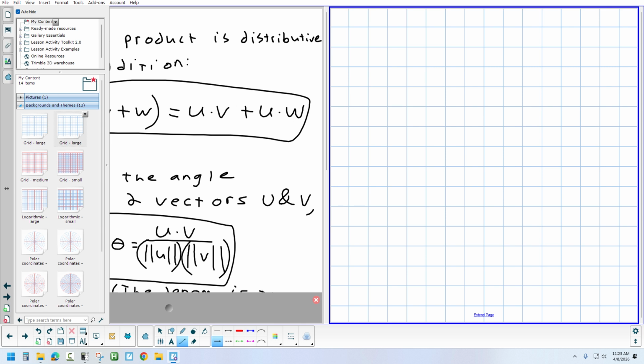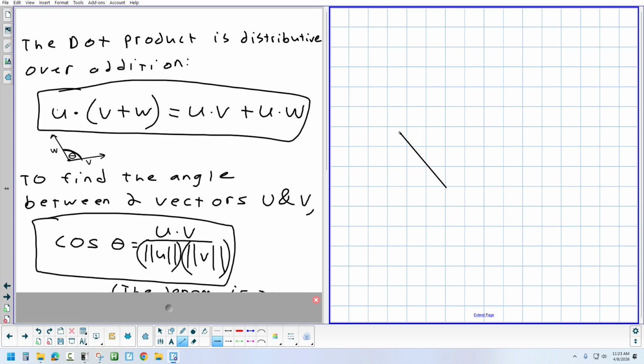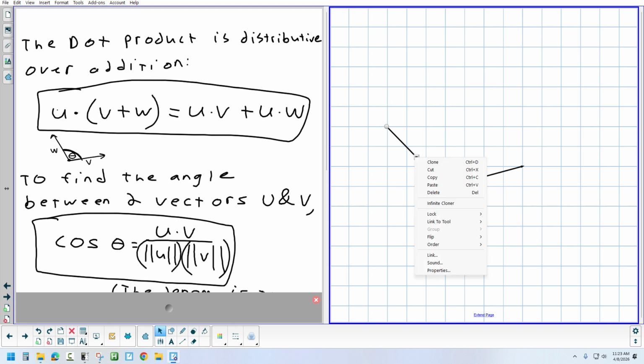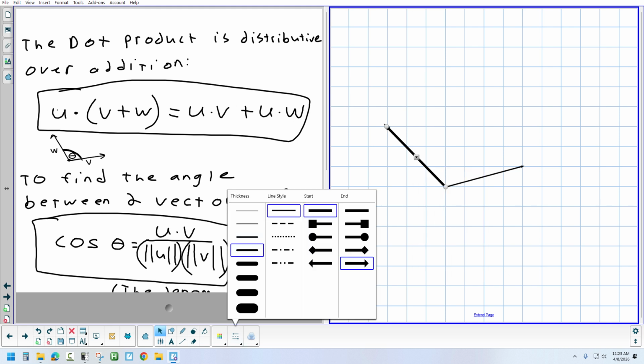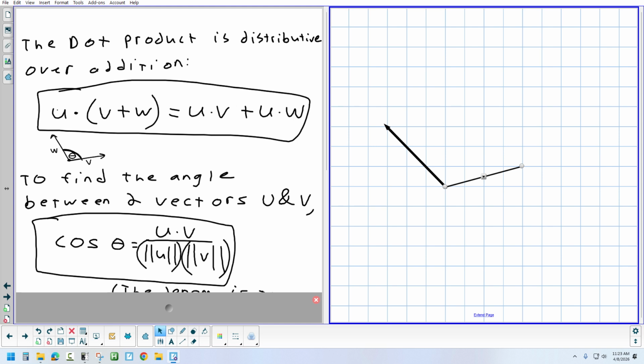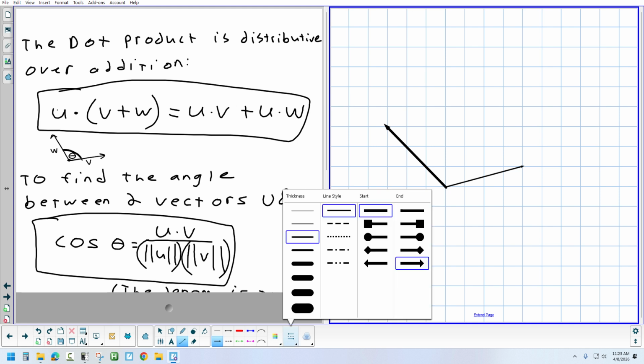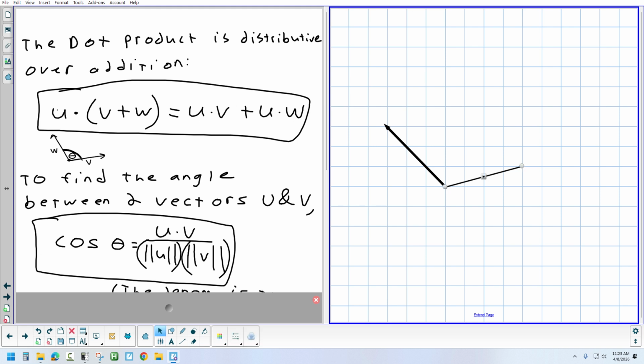Let's say that I had a vector like that, and another vector like that, and I wanted to figure out the angle between those two vectors. This formula is the fastest way to do it. But if you didn't have that formula, what do you think we could do with that picture to try to find that angle?